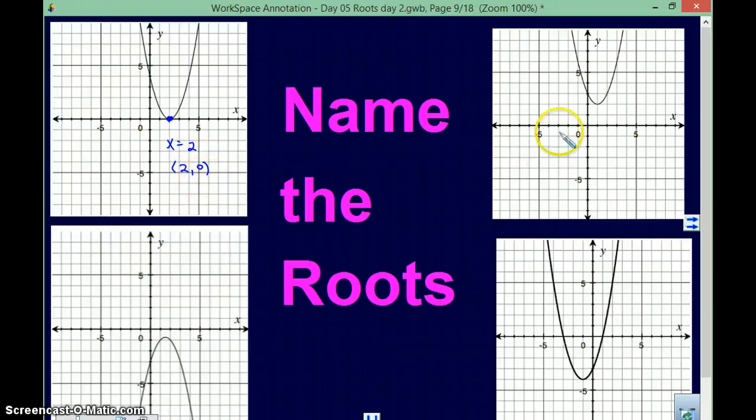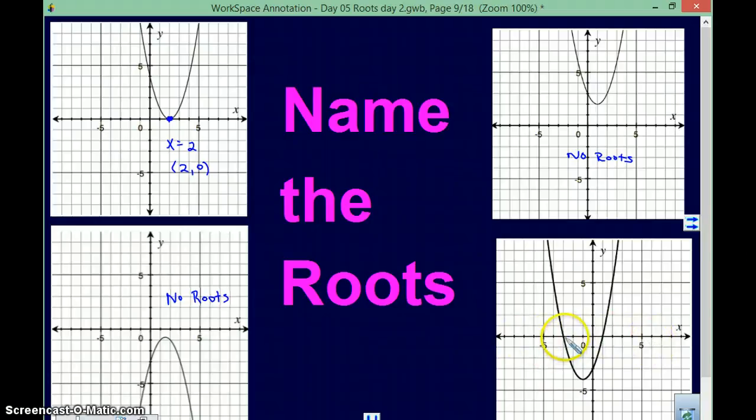Can you see why? What are the roots here? Trick question, there are none. No roots. That quadratic does not cross the x-axis. How about this one? No roots. That quadratic does not cross the x-axis. How about here?